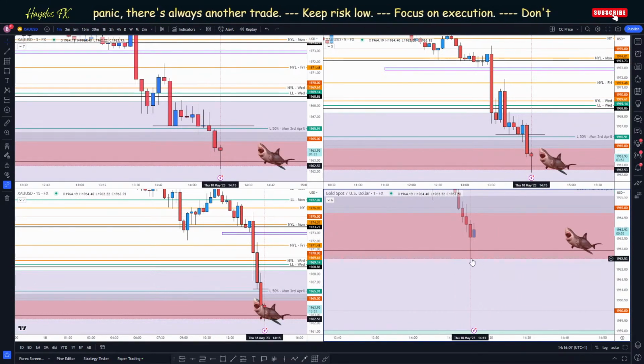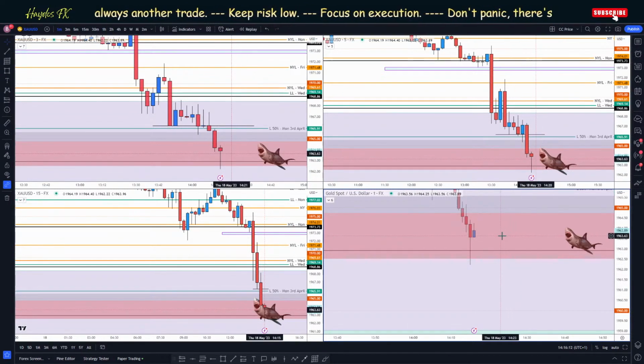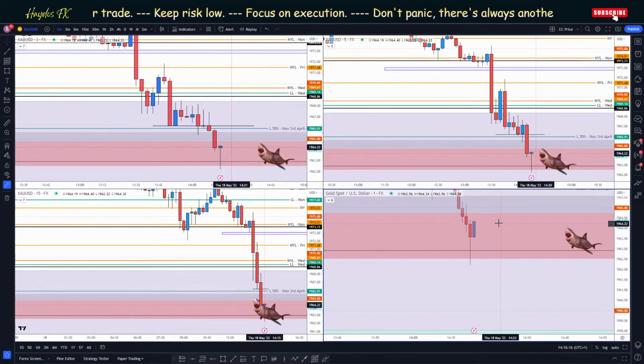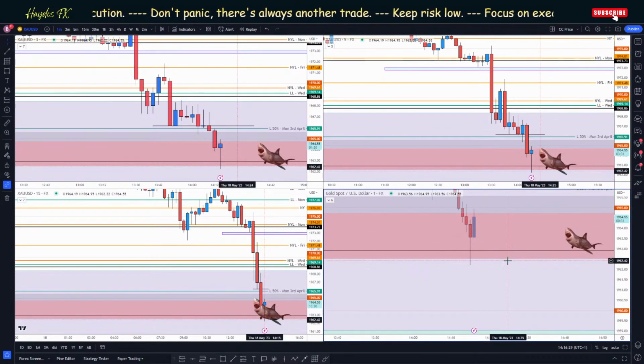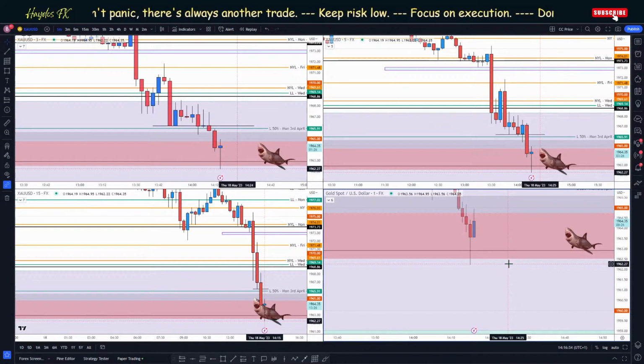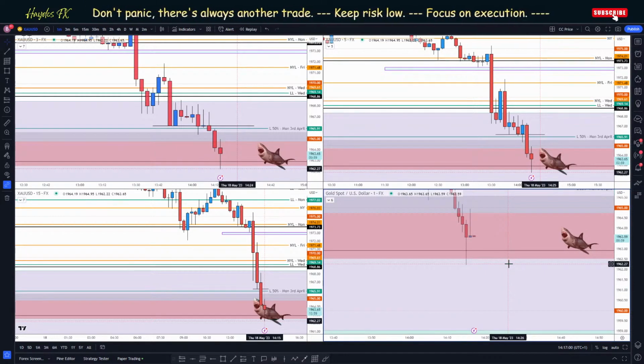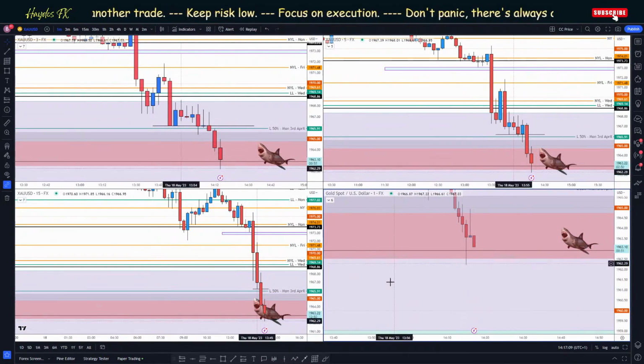Hasn't been down here for so long, and then there was like wicks into this area. Okay, no signs of slowdown yet.